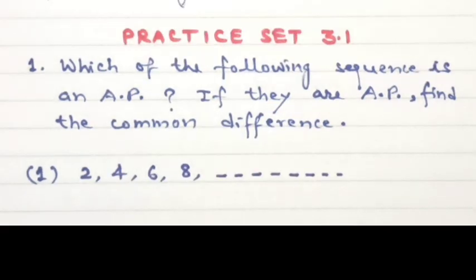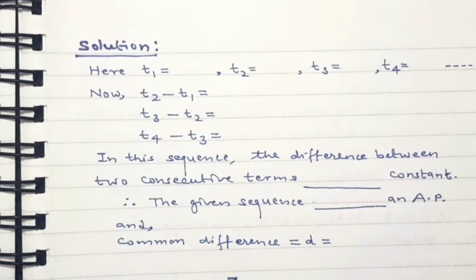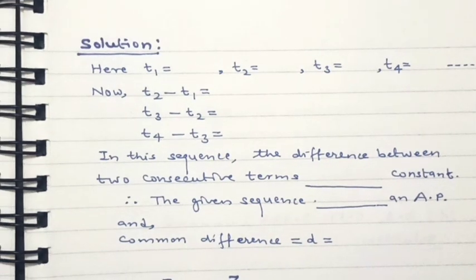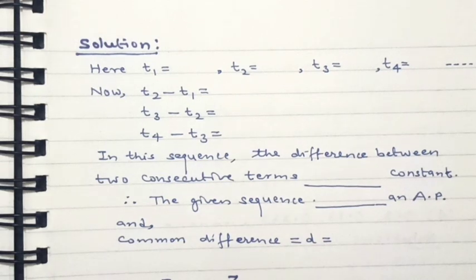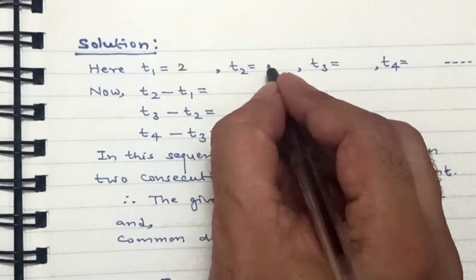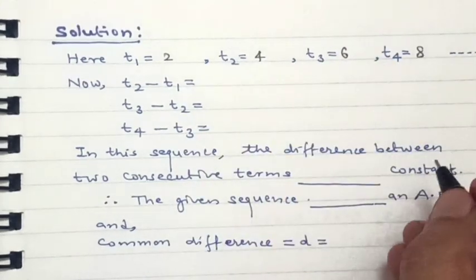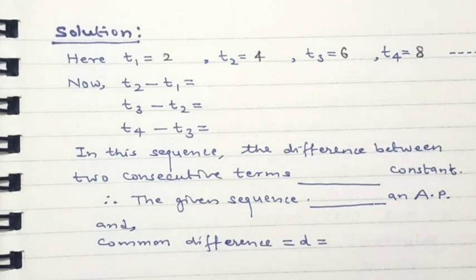Question number 1: 2, 4, 6, 8, and so on. Solution. Here T1 is 2, T2 is 4, T3 is 6, T4 is 8, and so on.